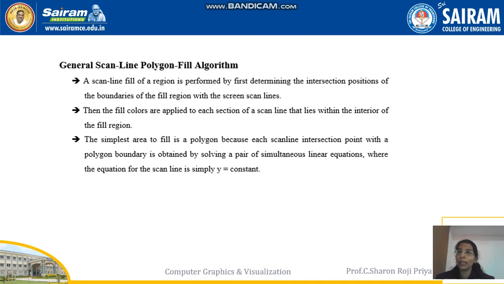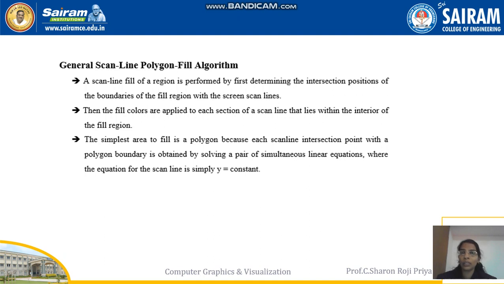So how do I identify the interior of my polygon? When the scan line intersects with my polygon boundaries, I should calculate the intersecting edges. In between these intersecting edges, the area I have to fill with pixels. That is how the filling happens in my polygon. Hope you understood.